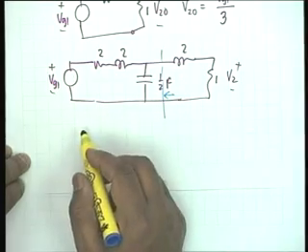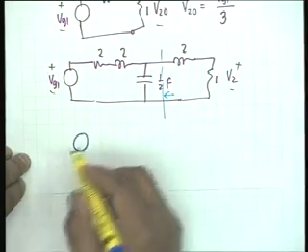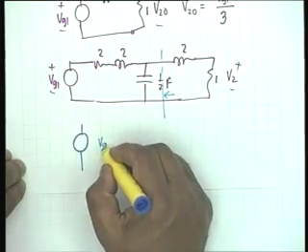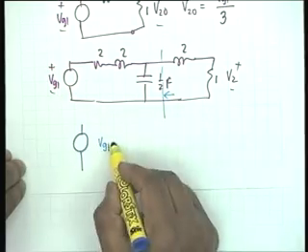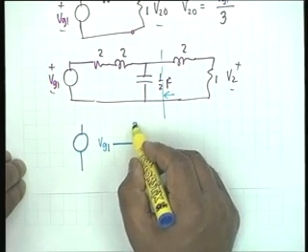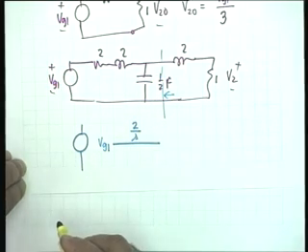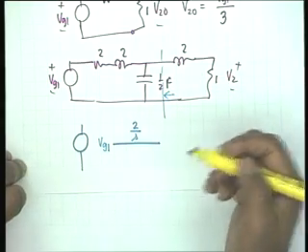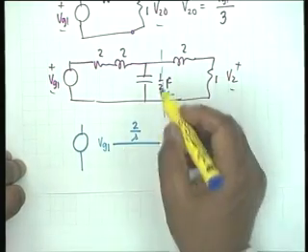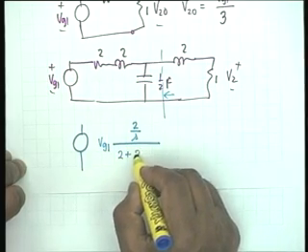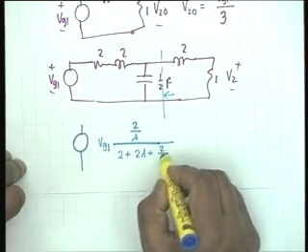Then you see the Thevenin equivalent generator would be Vg1 multiplied by this impedance, that is 2 by S. Impedance of half farad is 1 by half S, which is 2 by S, divided by the sum of these 3 impedances. So, 2 plus 2S plus 2 by S.